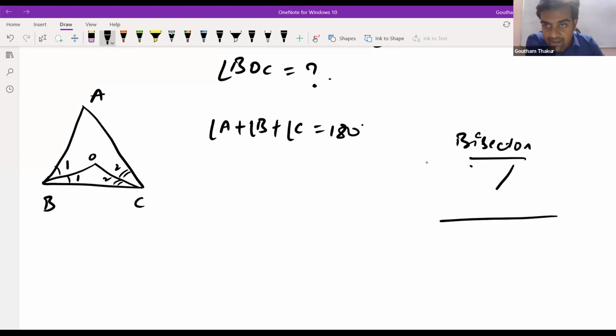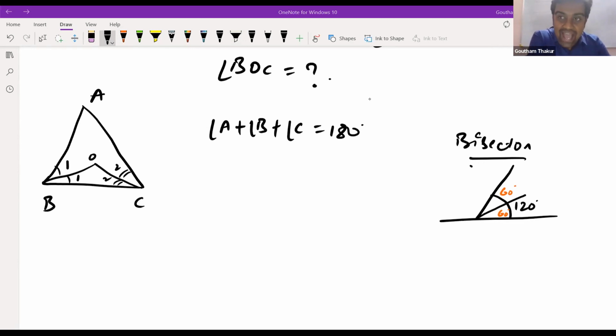For example, I have an angle like this and I'm constructing a bisector for this angle. My complete angle is 120 degrees. What does a bisector do? The bisector will divide this into two equal angles, that is 60 degrees and 60 degrees. That is the work of a bisector. Hope you got it.